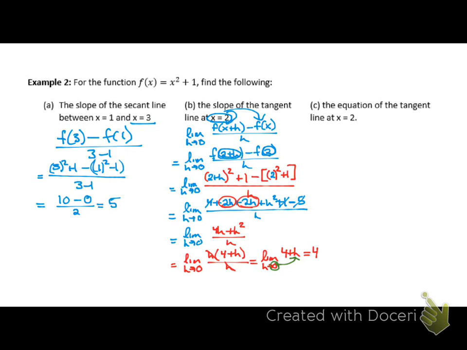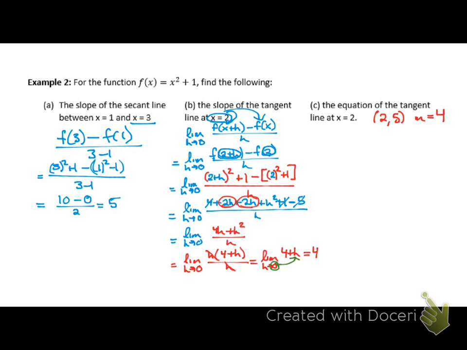And that's it. Now I write the equation of the tangent line. Now I have a point. I have the point with x equal to 2 and then plug it into the equation. I've actually already done this, but we'll do it again. 2 squared plus 1 is 5. So I have the point 2, 5. And the slope is what I just found in part B, so it's 4.